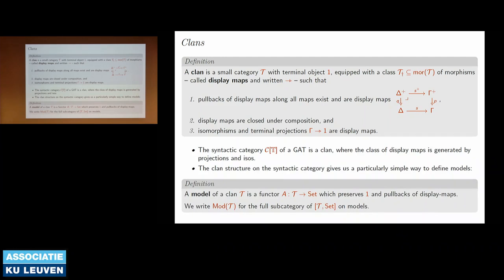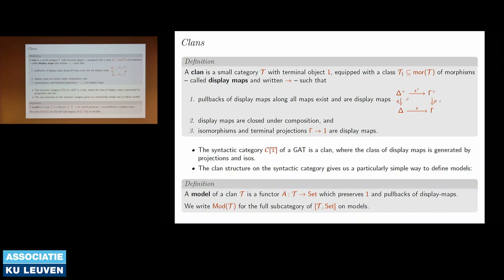And the syntactic category of a generalized algebraic theory is a clan, but strictly speaking, taking the projections is not enough because we want the display maps to be closed under isos, so we just close under isomorphisms. So what is it good for?